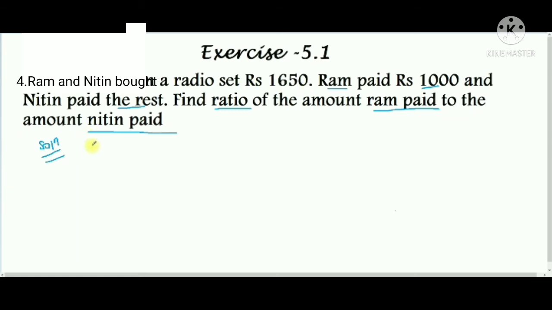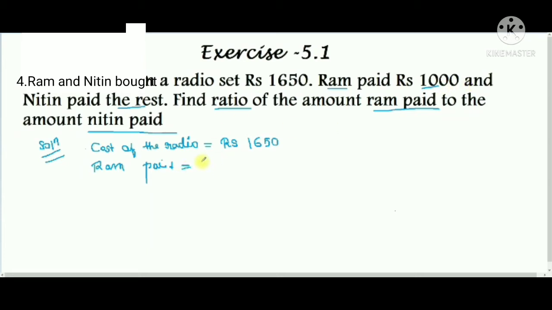the cost of the radio. Okay, the cost of the radio is this much, and how much did Ram pay?